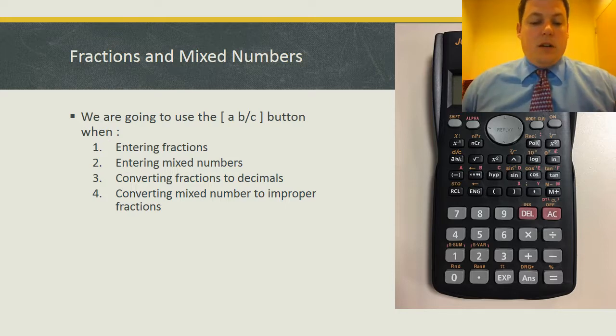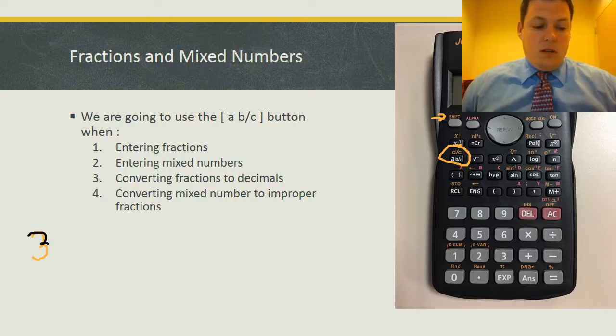Lastly, when you're converting a mixed number to an improper fraction, you're still going to use this ABC button, but when you get to the last step, you're going to hit Shift ABC first. So let's take a look at it written out. We have 3 1/3.